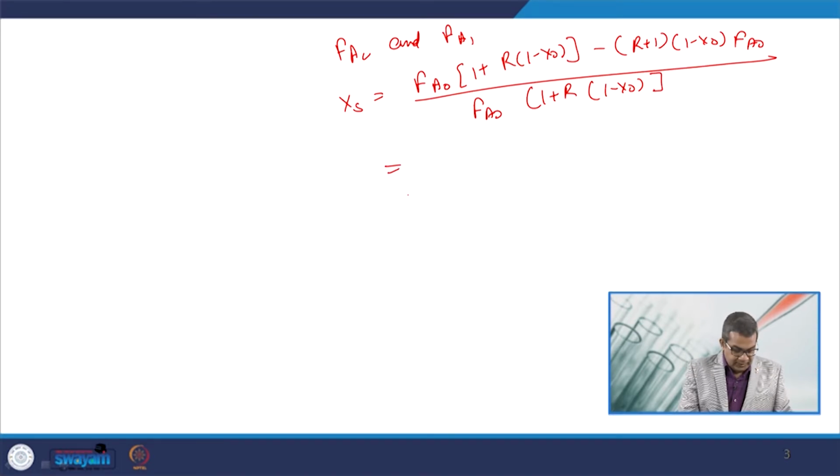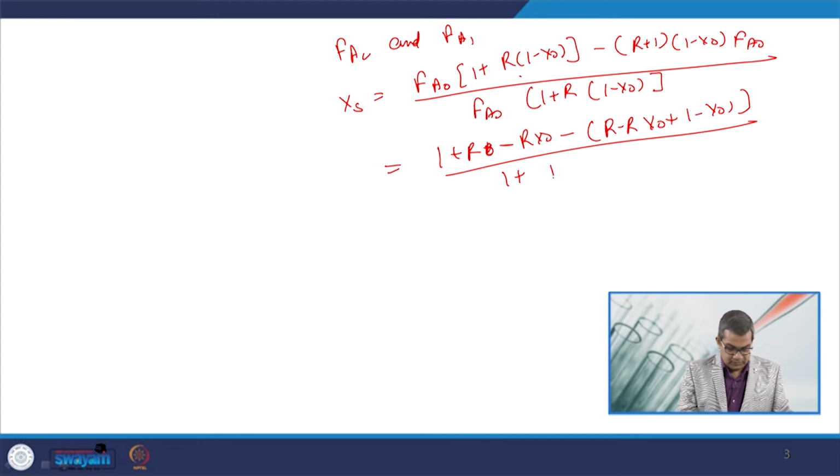After rearrangement it can be given as (1 plus R minus R X naught minus R minus R X naught... plus 1 minus X naught) divided by 1 plus R (1 minus X naught).